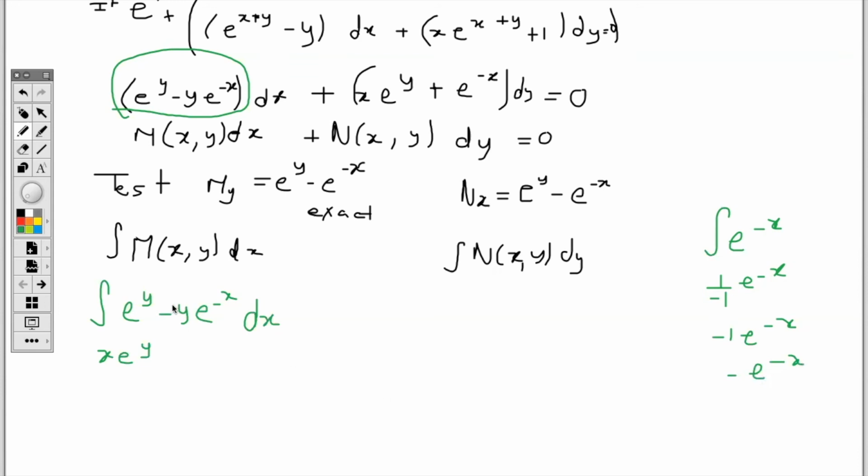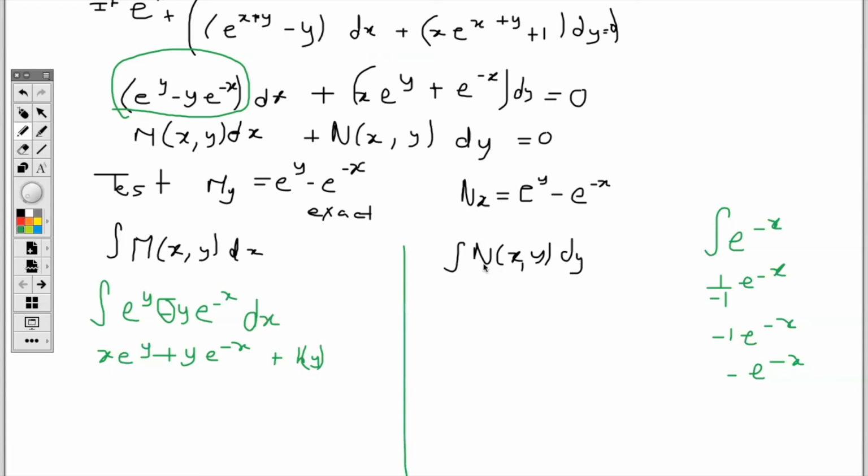So in other words, this sign will change, so it becomes plus y e to the minus x plus our constant, which is in terms of y. So this represents our constant, which is a function of y.